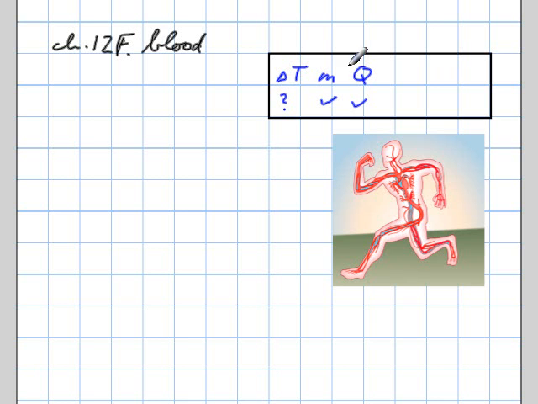So that one is given as 4,186, and I'm going to write down lowercase c, and then it's straightforward here. These variables already suggest that I have to use the equation for specific heat.